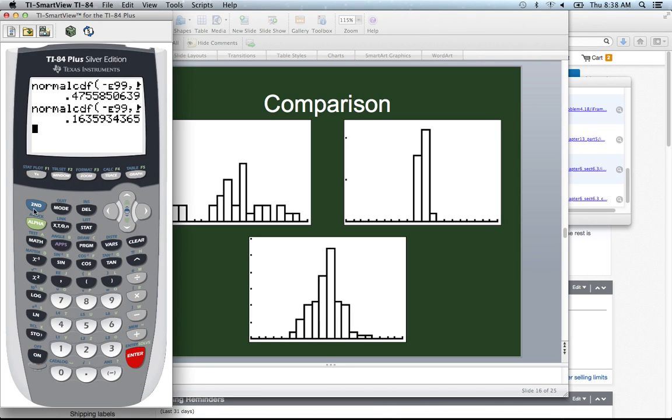So let's redo this. Second vars. The sample mean I made up was 16.75. The right boundary I'm going to use is positive E99. Population mean is 16.